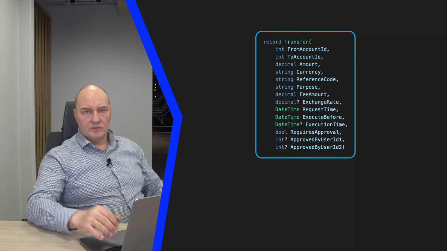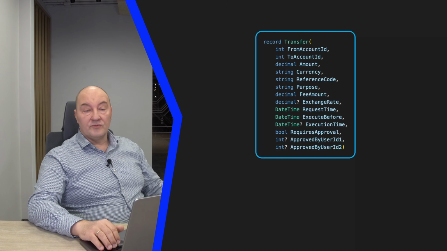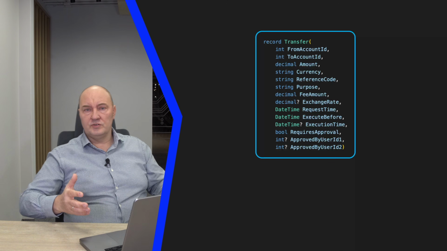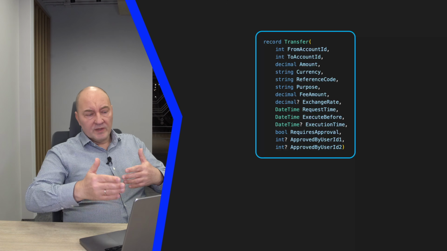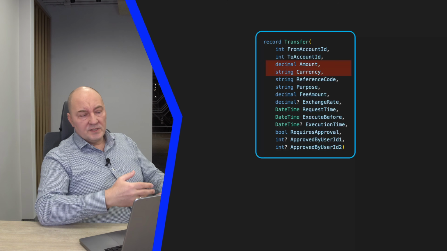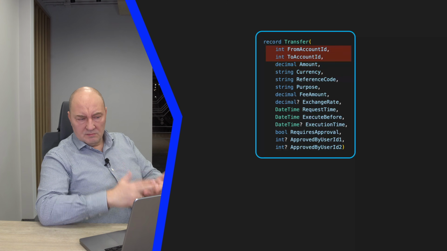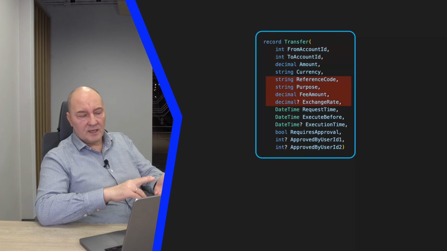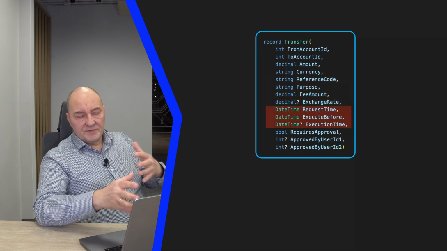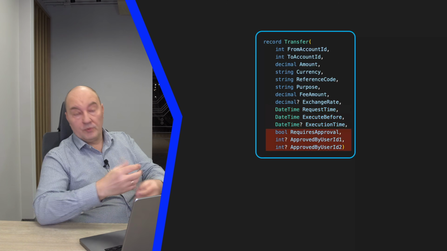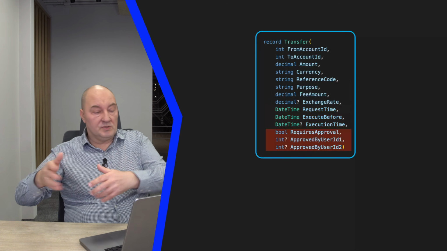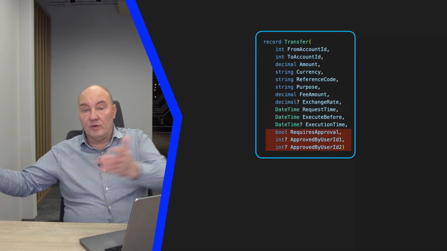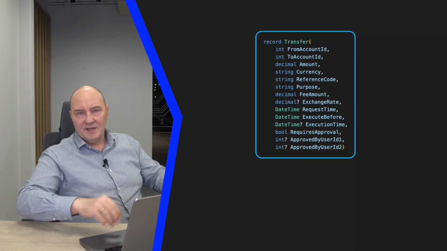This is one immutable type that represents a money transfer. It comes with a whole bunch of properties. From the amount in currency to the account identities to some additional data, the timing of the transaction, the approval by supposed bank employees. It's all here.